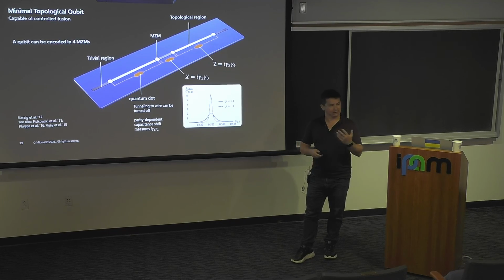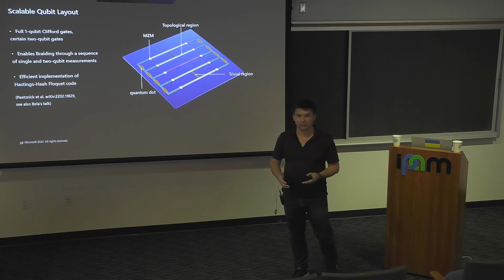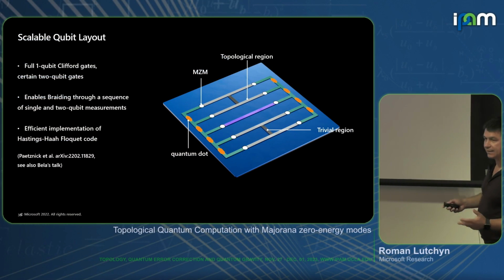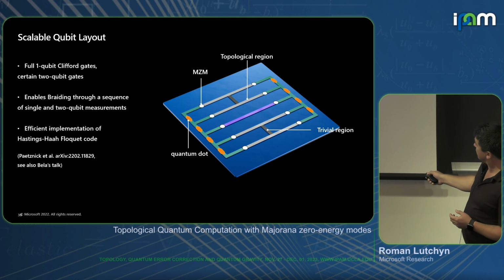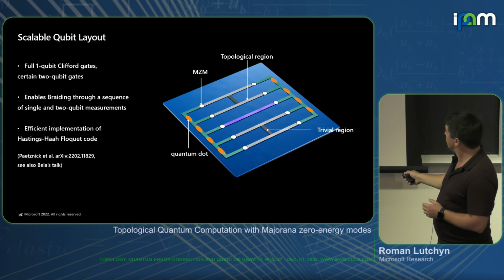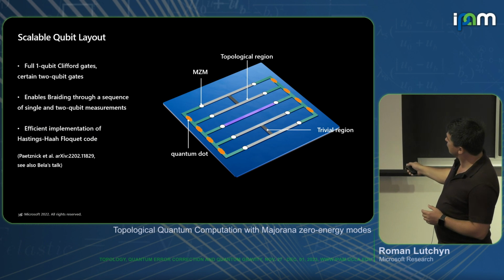But if we move a little bit forward, let me show you how one can tile these qubits and build a scalable architecture. The next step is to build this H structure. We call them tetron qubits. Tetron qubits consist of two wires and a trivial bridge between them.